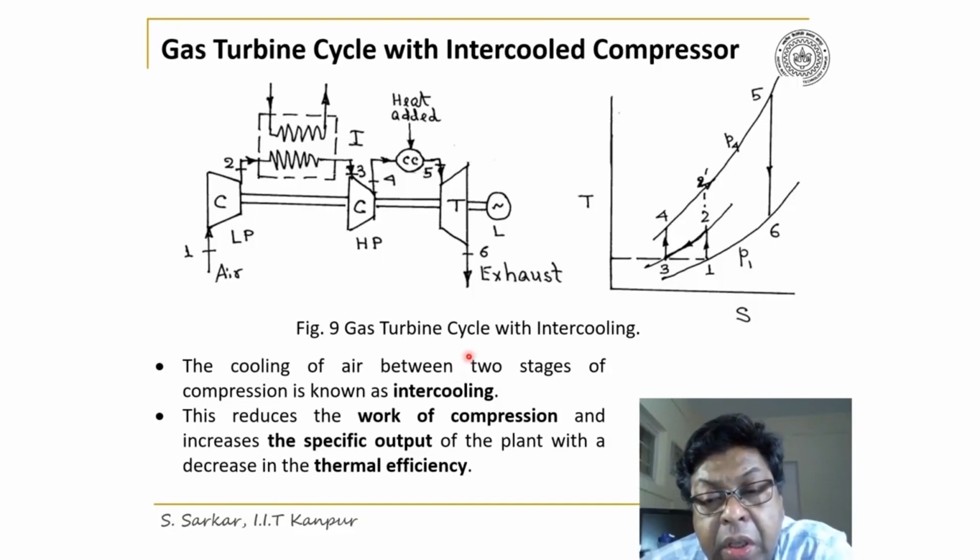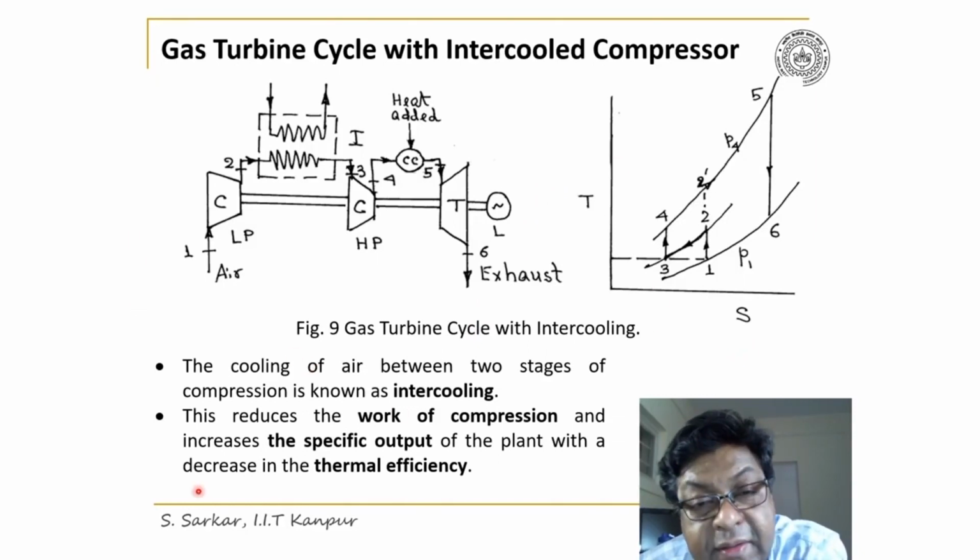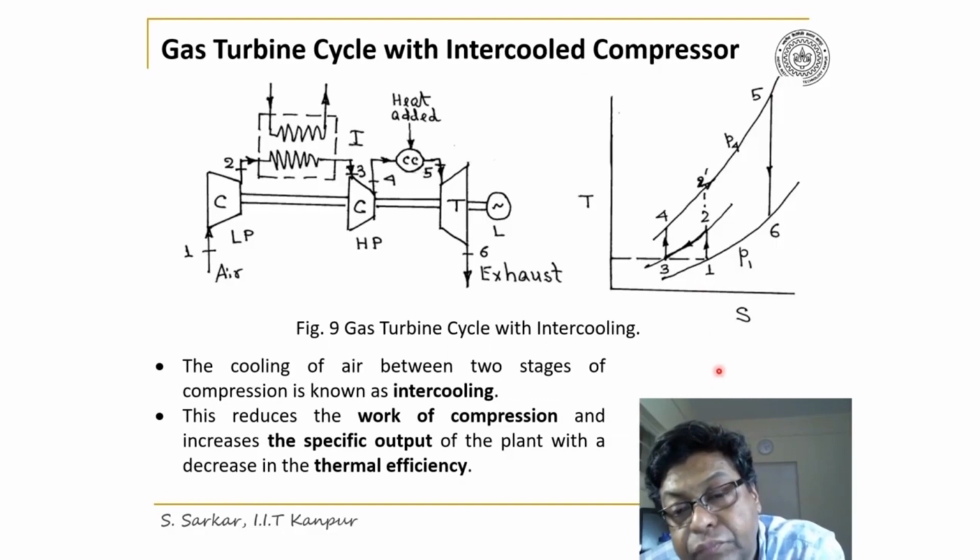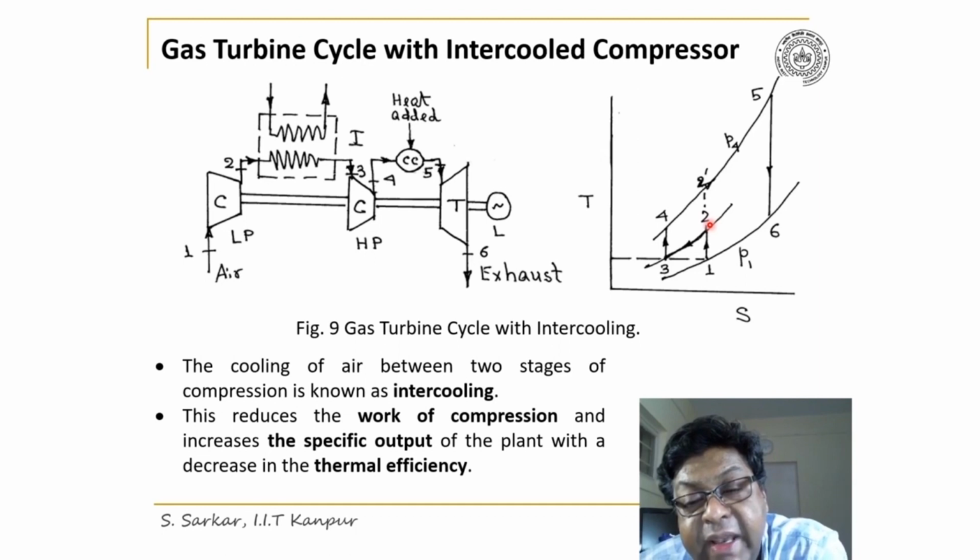Now, the T-S diagram has been illustrated here, where the intercooled gas turbine cycle is 1, 2, 3, 4, 5, 6, 1. 1-2 represents isentropic compression in the LP compressor. 2-3 is the intercooling, done at constant pressure. That is, the compressed gas has again been cooled to the initial temperature.